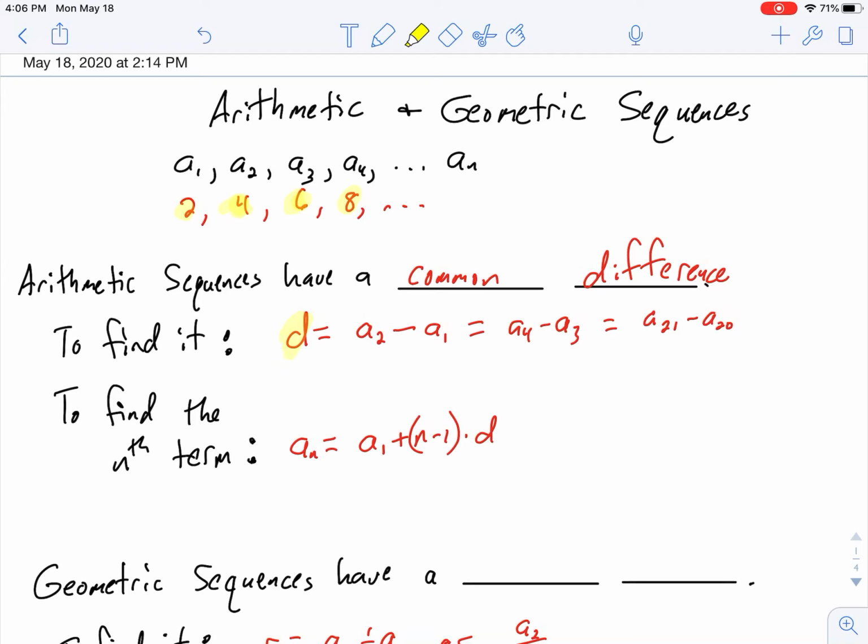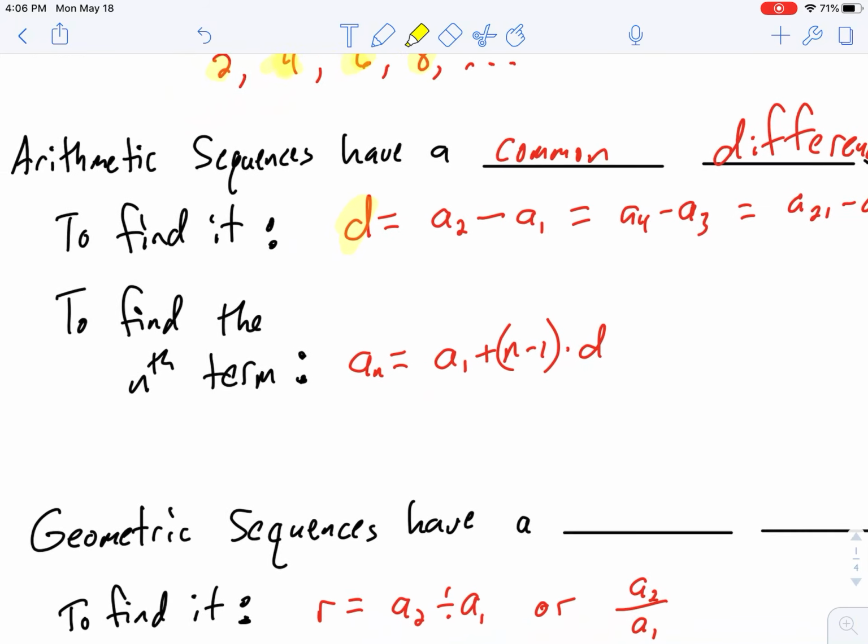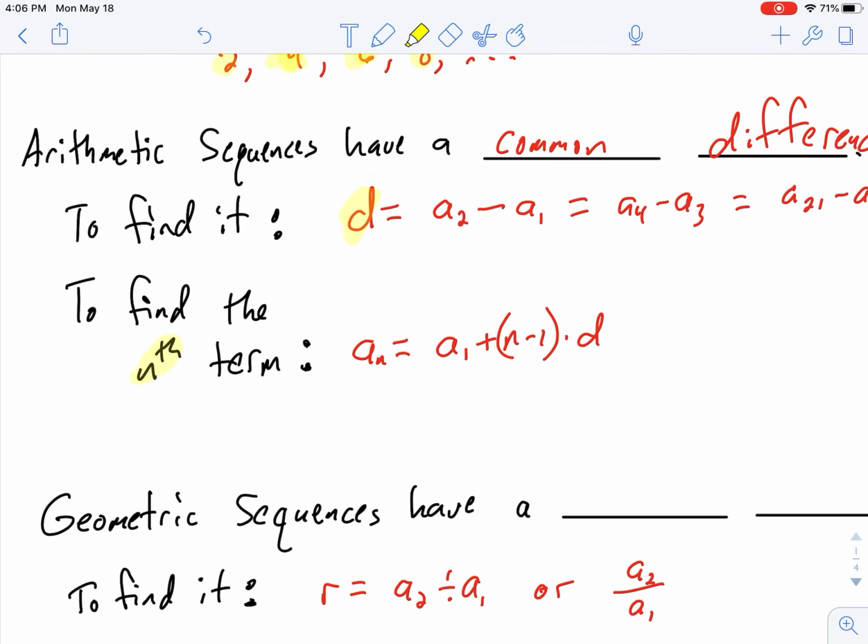Okay, so let's say I wanted to find the 15th term of the sequence. Well, there's a formula for that. To find the nth term, the 15th term, or the 20th term, or whatever, you use this formula right here. It starts off with an, which represents the term you're trying to find. You simply take the first term, whatever it is, and add it to n minus 1 times the common difference.